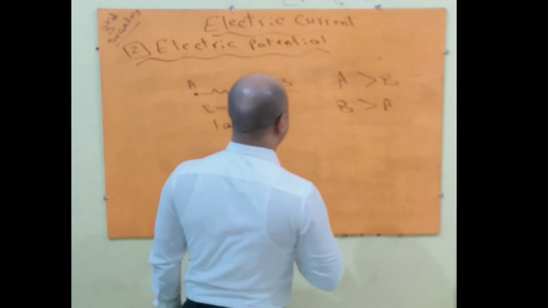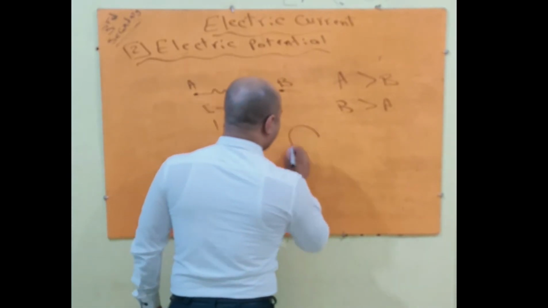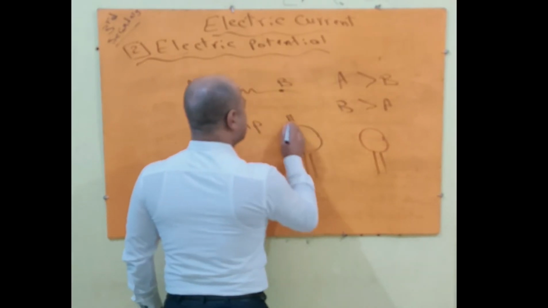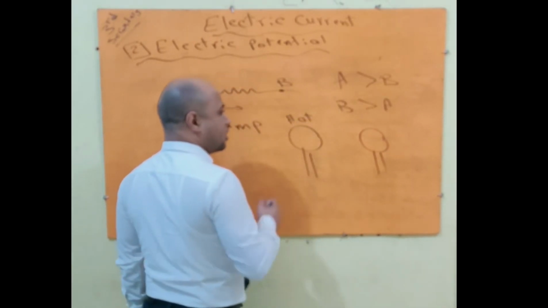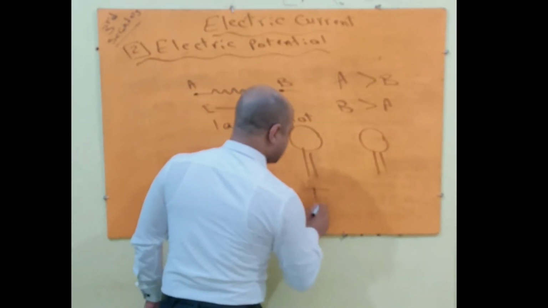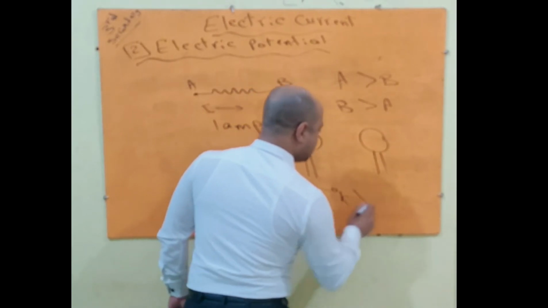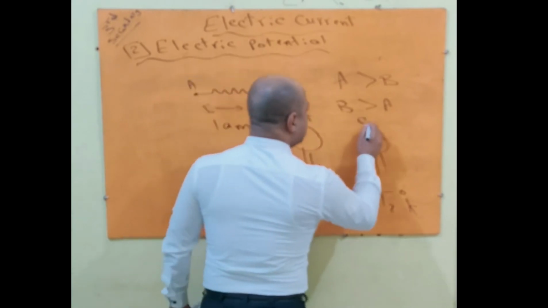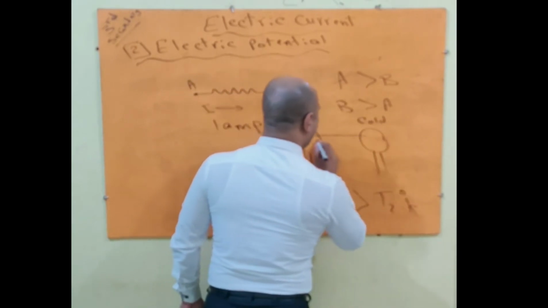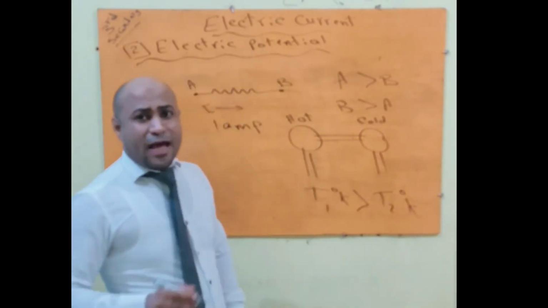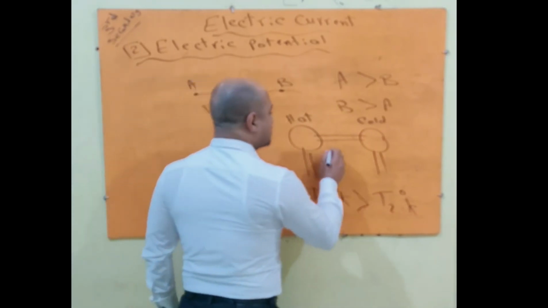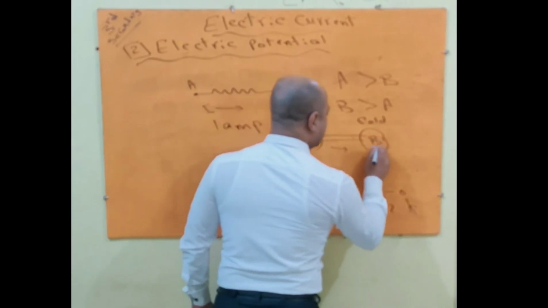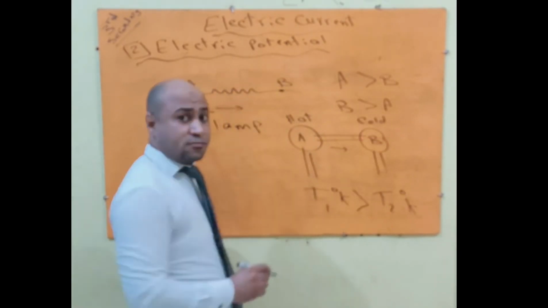To understand what's meant by electric potential, if we have two metals, for example, one hot with high temperature and one cold, and we connect them with another metal. What will happen? Heat will transfer from object A towards object B, right?